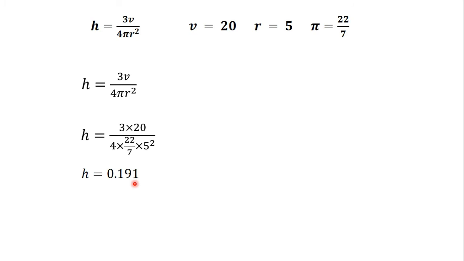That's why I left it as 0.191. If you want to learn how to use your calculator to change numbers to decimal places, watch the videos on approximations that are available on this channel, and you will understand how to change numbers to 3 decimal places and also how to use your calculator to do it.